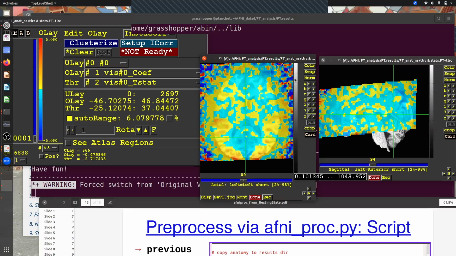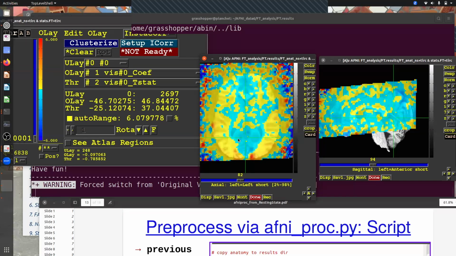This is another large topic, but let's suffice it to say that what we're looking at, what the coloration means here, and this is -6 and this is +6, this is kind of BOLD percent signal change that we've estimated. Okay, so it looks like our largest effect out here is like ±6% or maybe more, but it's outside the brain. That's a little funny.